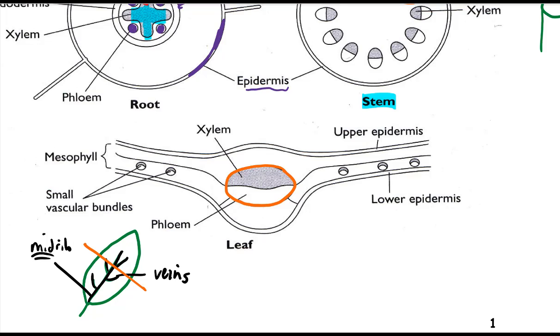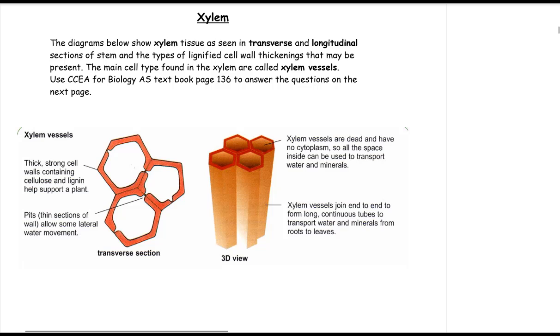We can see that the smaller vascular bundles are generally found within this layer, which is the spongy mesophyll, because this here is the palisade mesophyll, and we basically want to pack as many cells in there as possible, so we don't want to be taking up space with the xylem and phloem. We'll put the xylem and the phloem in the spongy mesophyll and leave more space in the palisade mesophyll for the photosynthesizing cells.